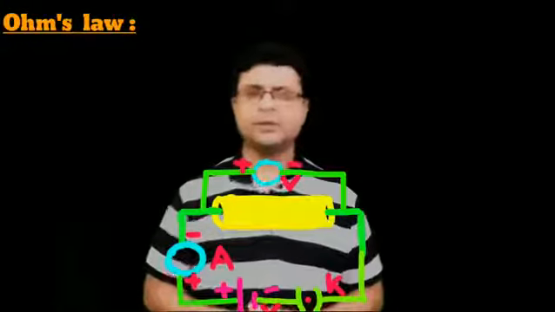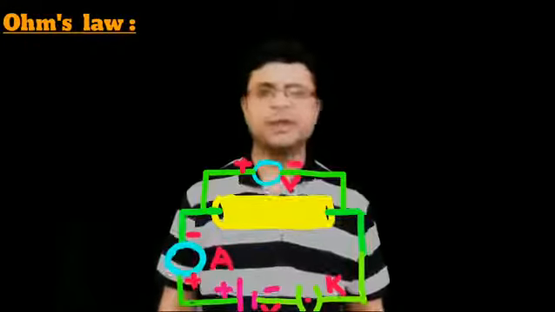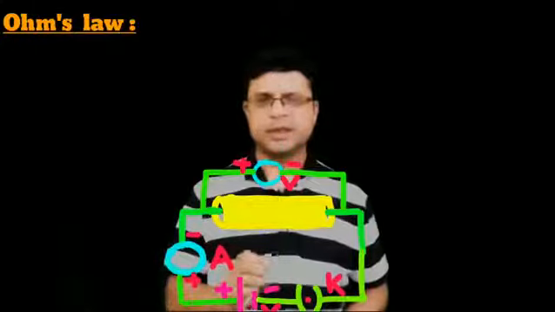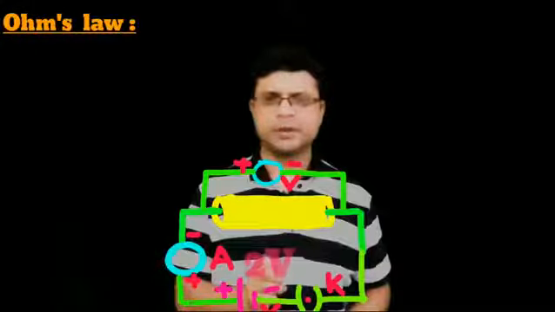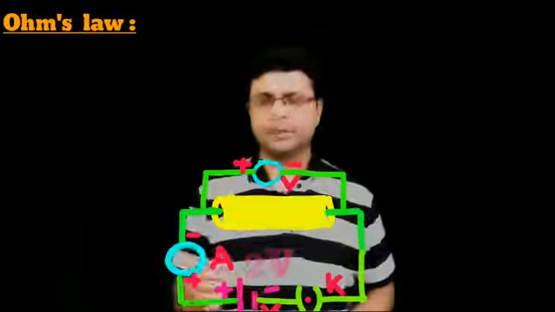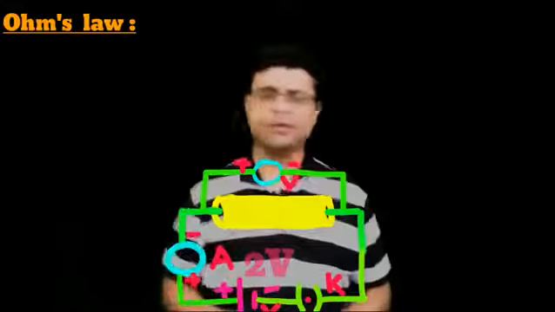Now we will try to get a relationship between V and I, that is, potential difference and current. Initially let us take the potential difference of the battery to be 2 volt. When 2 volt is applied, the ammeter and the voltmeter will give deflection.